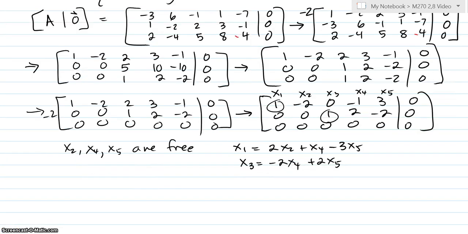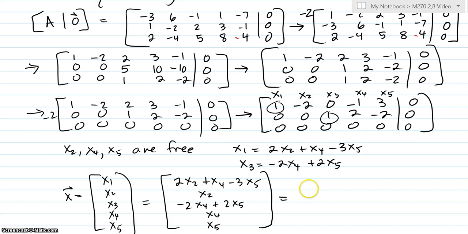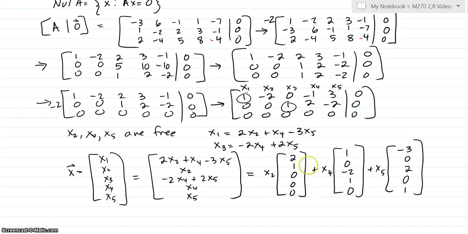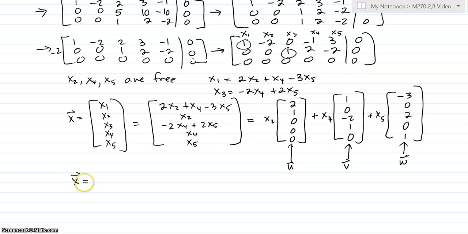And finally, I'm going to write this in parametric vector form. These vectors right here are the vectors that form the basis. If you notice, we're writing x as x2 u plus x4 v plus x5 w, where x2, x4, and x5 are in R, so they're scalars.